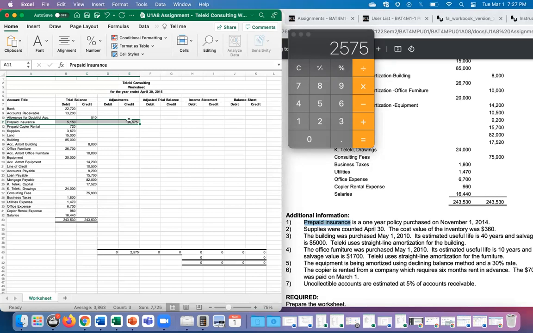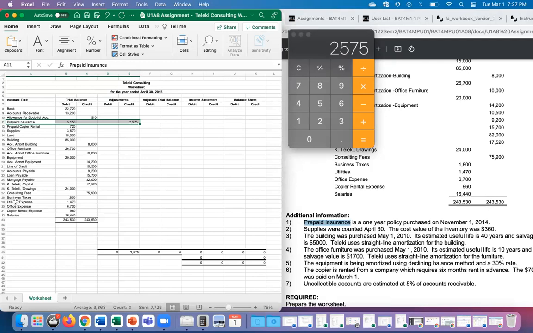Now, remember that every transaction has to affect at least two accounts, right? This is the part that I think might cause some of you problems when you first do it yourself. My first instinct would be to look down the list of accounts and look for the insurance expense account as my matching account, the other account this is affecting.